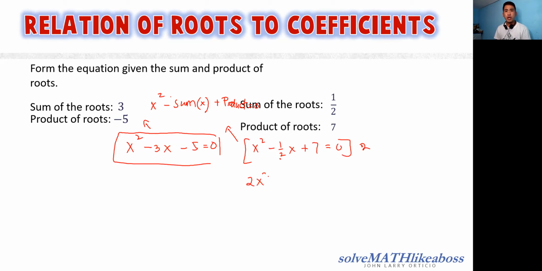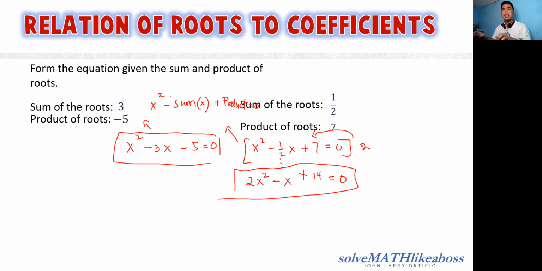So, magiging 2x squared minus x, kasi cancel na tong 2 sa baba, plus 14 because 2 times 7 is 14 equals 0. So this is now the general form. So that is the relationship of the root or the relation of roots to the coefficient of the quadratic equation.